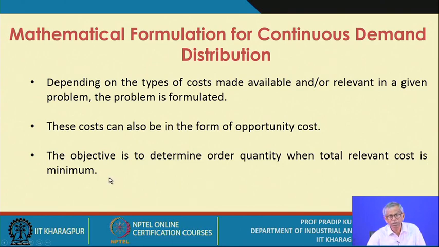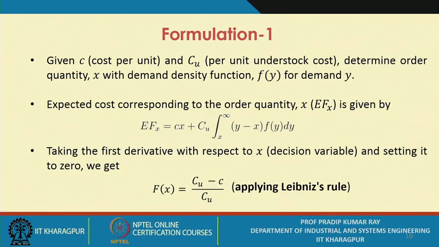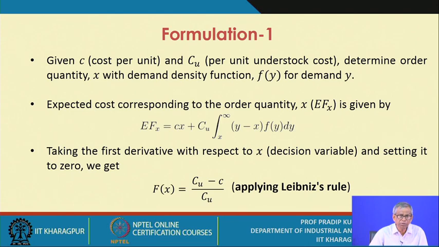In any inventory problem of any type, we always try to minimize the total relevant cost. There could be different types of formulation when you deal with continuous demand distribution. We'll refer to some important formulations in this particular case.